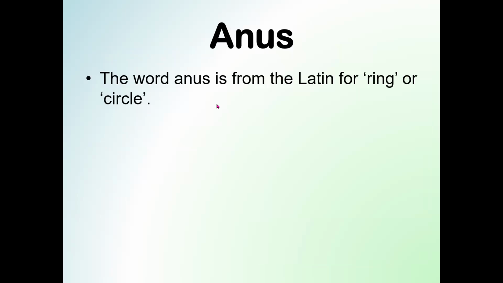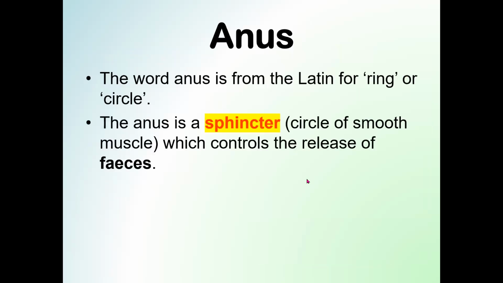Anus, by the way, comes from the Latin for ring or circle. With that, it's a sphincter. We've got sphincters around the body. Even our eyes, what's the word, the pupil, it can get larger and smaller.